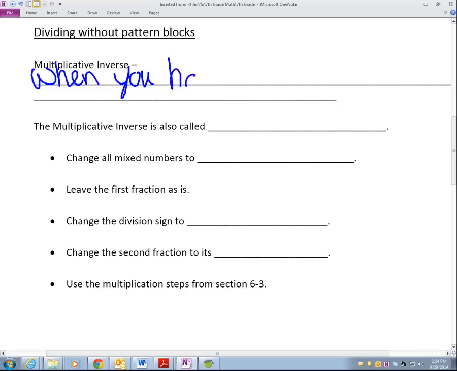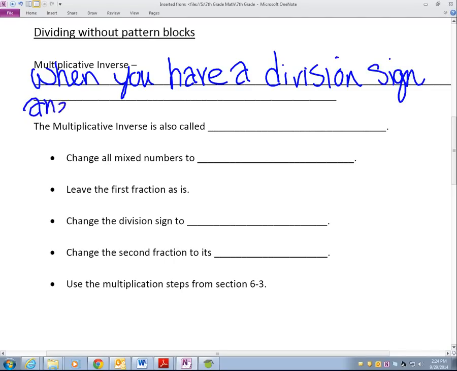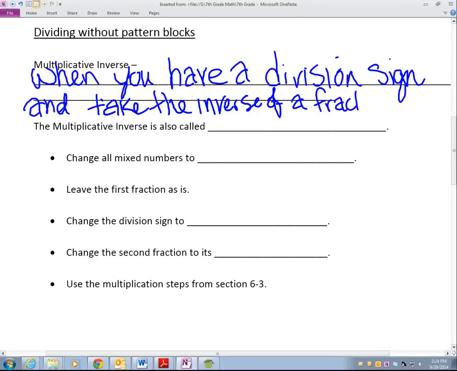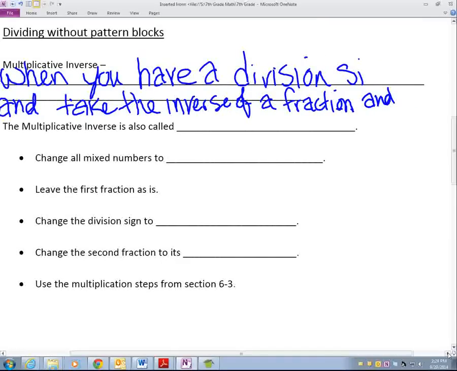When you have a division sign, and take the inverse of a fraction and change the sign from division to multiplication.